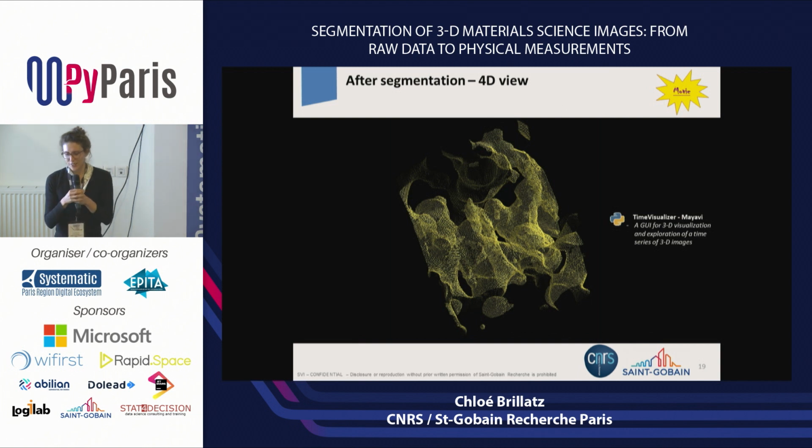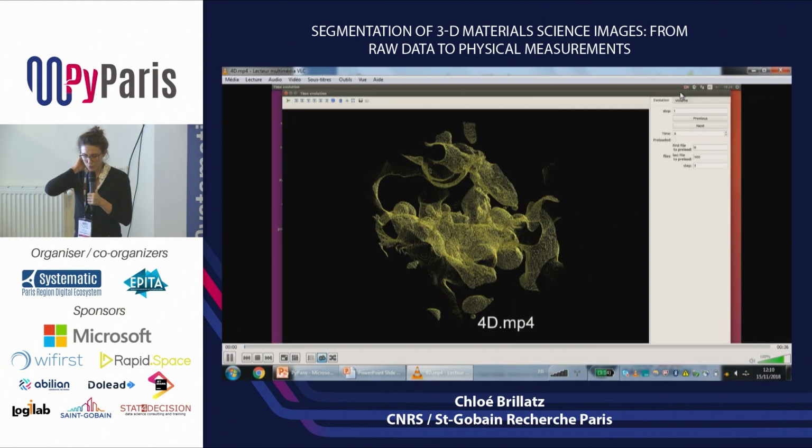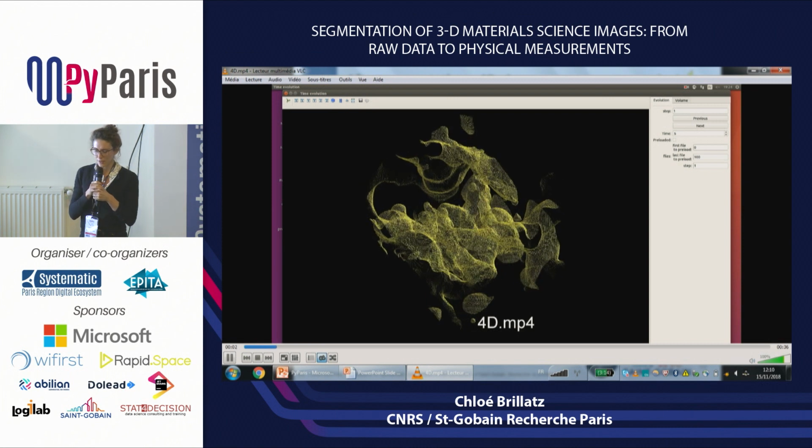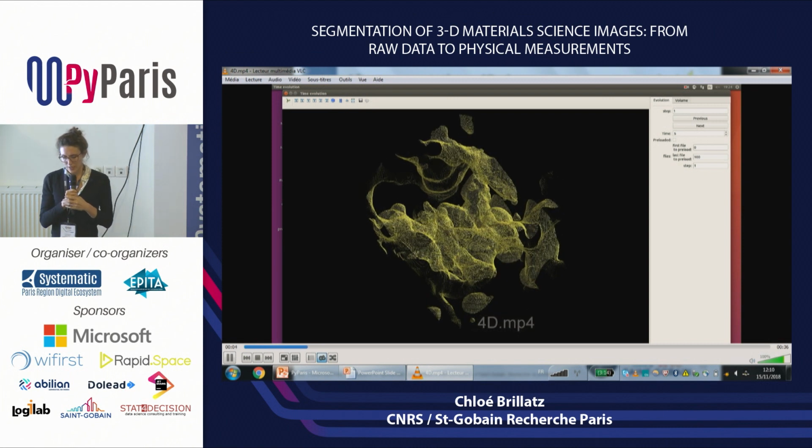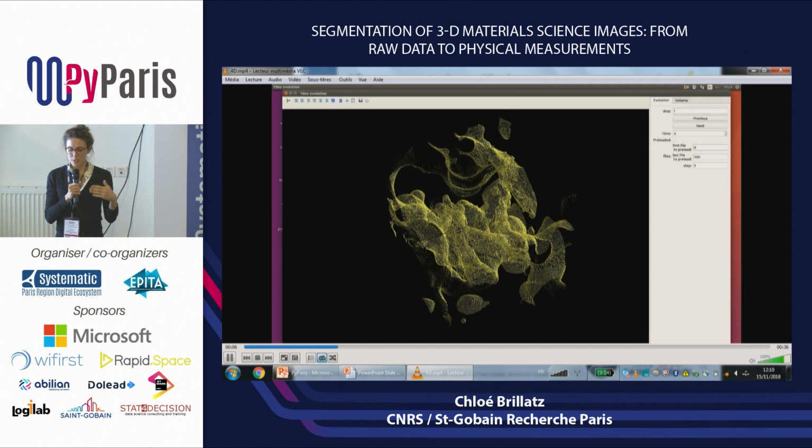And so I will finish with this cool view. So thanks to Python, you can also do 4D visualization. So this is my volume, just a little part of it in 3D. And then we will see that the shape will evolve through time.